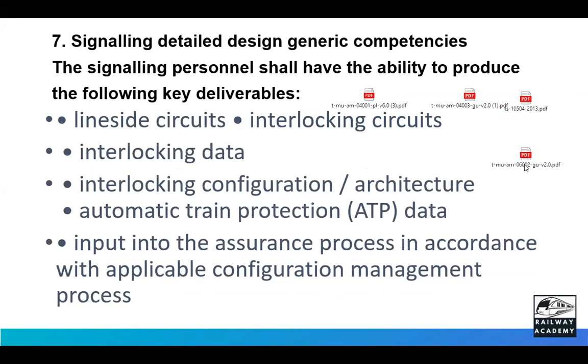And also interlocking circuits. What are interlocking circuits? The line side circuits are your interface circuits. Interlocking circuits are your data or your internal relay room circuits. Okay. So where logic is done, all that comes under interlocking. For that also, complete diagrams are given for all circuits; typicals are available.